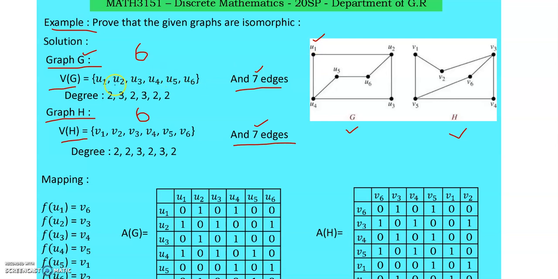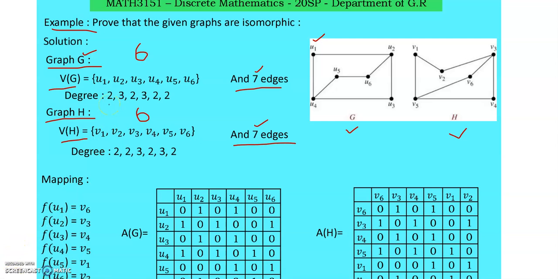So the degree of U1 is 2, degree of U2 is 3, degree of U3 is 2, degree of U4 is 3, degree of U5 is 2, degree of U6 is 2. Similarly, you can write the degrees of each vertex of the graph H also.